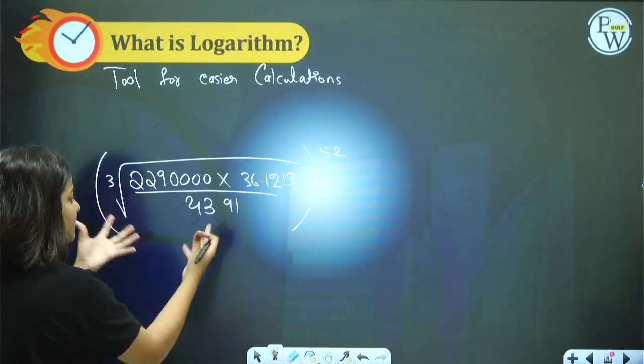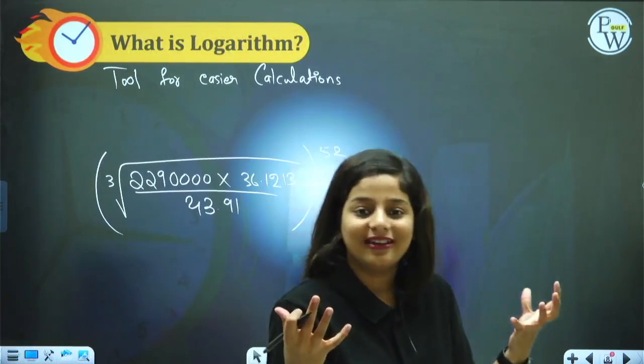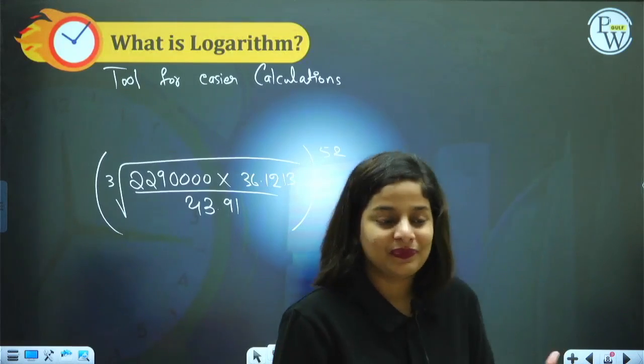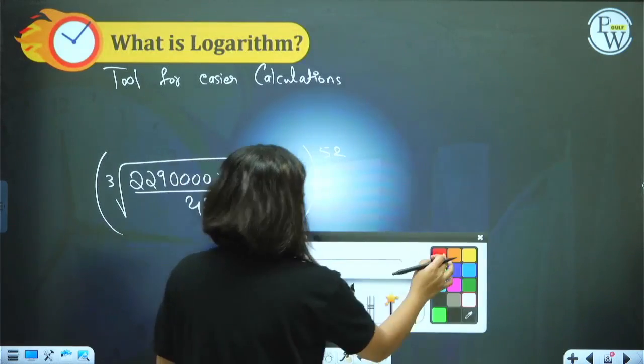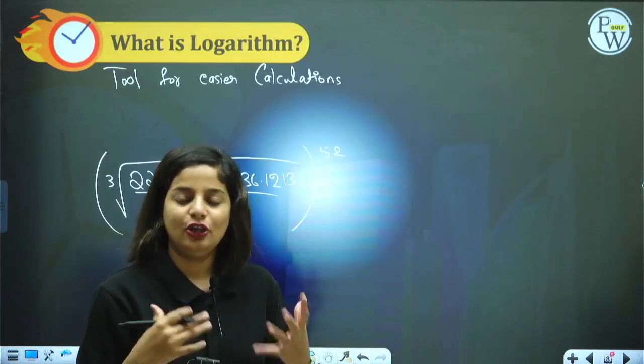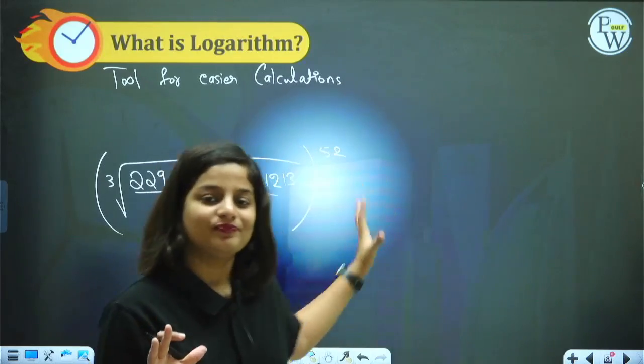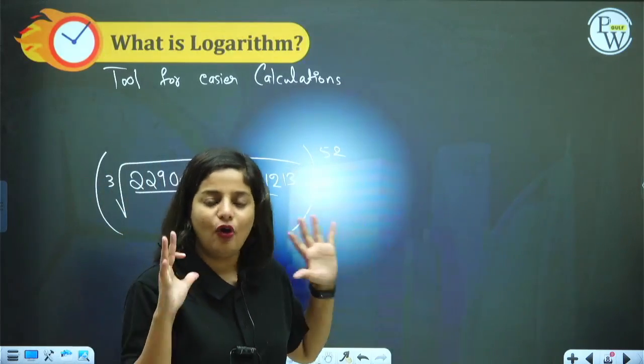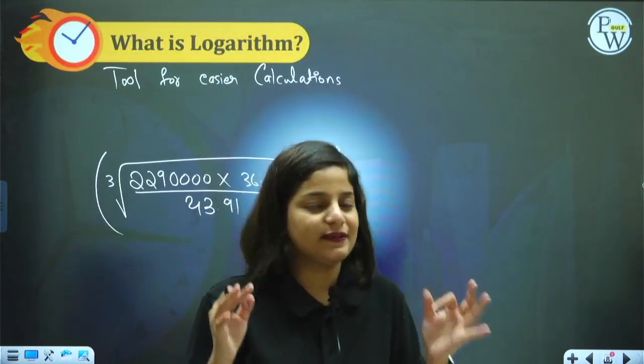I mean, such terrible calculations if you have to do, logarithm is going to be very handy. Understanding the log, anti-log, the properties. So spending half an hour or 1 hour on understanding the logarithm is fully worth it, guys.